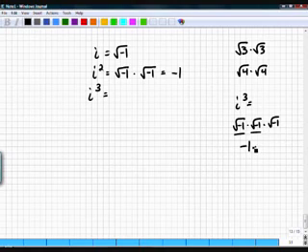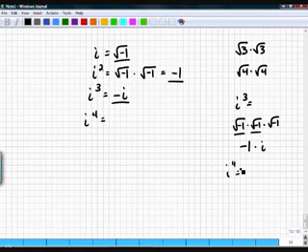So negative 1 times i is fine, or just negative i. So i to the third power is i squared times another i, which is just negative i. So we got i is the square root of negative 1, i squared is negative 1, and i to the third is negative i.